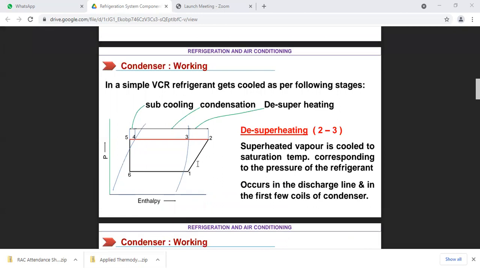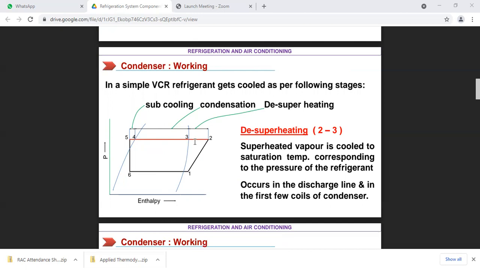From point 2 to 3 is the de-superheating region, 3 to 4 is condensation, and 4 to 5 is the subcooling.